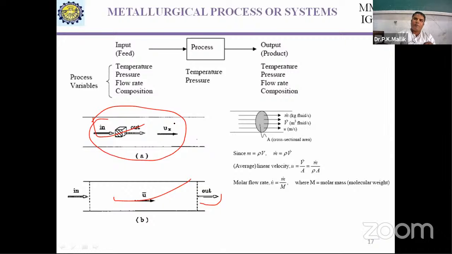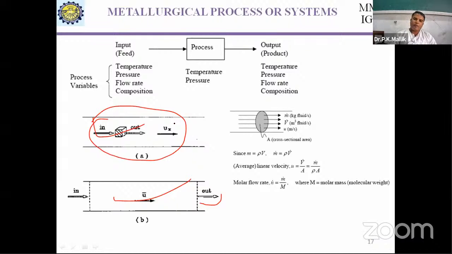In metallurgical processes we consider the fluid system as a continuum consisting of atoms and molecules. We analyze each atom and molecule to find the velocity profile and the shear stress profile.